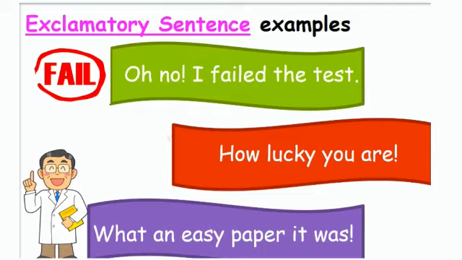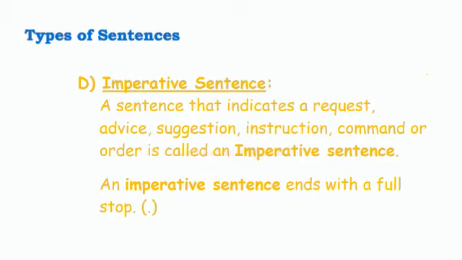A sentence that conveys the exact feeling that the speaker wants to express is called an exclamatory sentence. An exclamatory sentence ends with an exclamation mark. So an exclamation is the feeling that you express, your happiness or your sorrow or your grief or a surprise, then you call it an exclamation. The feeling that you express is called an exclamatory sentence.